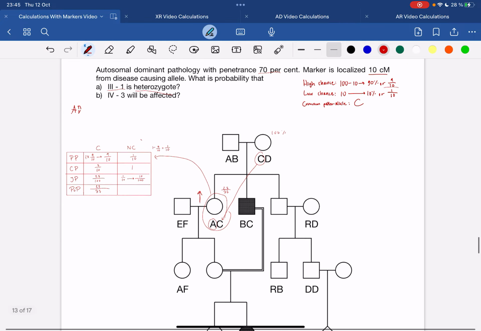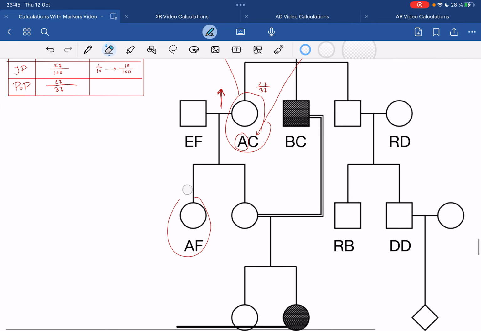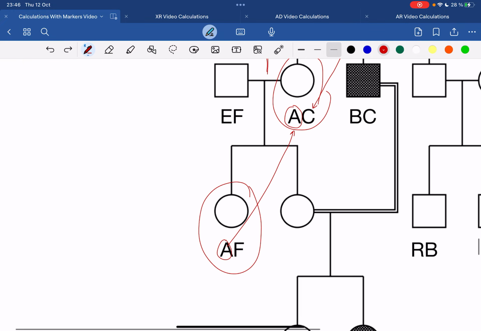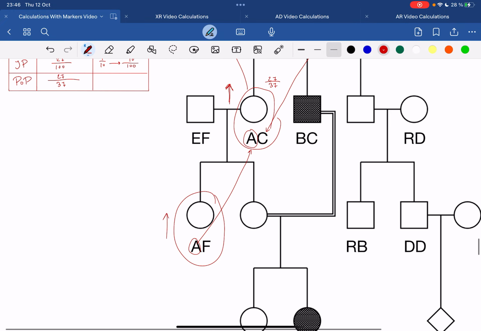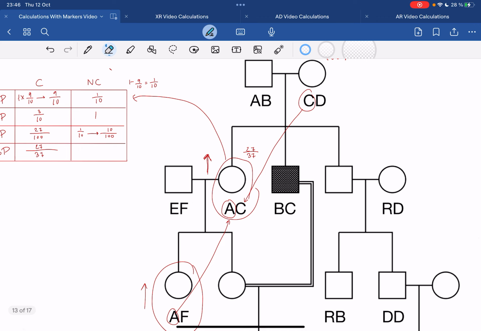Now, we're actually looking at this person right here, and has this person gotten the pathogenic allele marker from the mom? Yes, indeed they have, A right here. And the F must have come from the dad. So the A gives this person a high chance of being affected, right? Well, not really, because I fooled you there, or maybe I made a mistake.